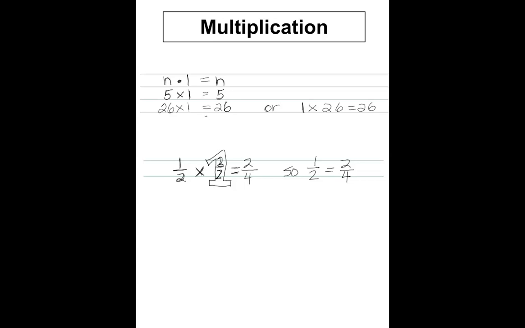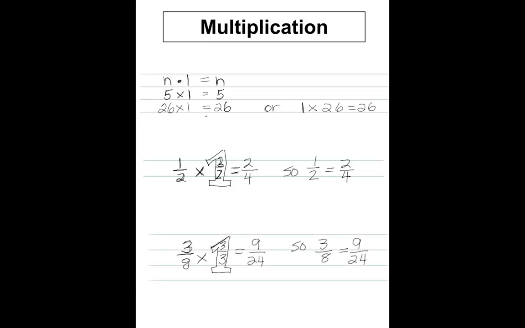So I'm going to multiply 1/2 by 1, but my 1 can be in any form. So the form I'm going to use is 2/2 because 2/2 is the same as 1. So if I multiply 1/2 by 2/2, I get 2/4. So 1/2 is equal to 2/4. That's how I get equivalent fractions.